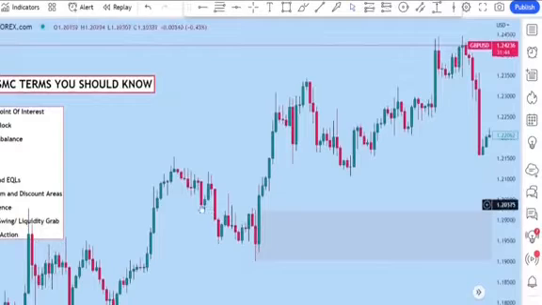I use green for a bullish candle and red for a bearish candle. It depends on what color of candle you're using. So the last sell candle here that price completely engulfs is known as your bullish order block, because it is this candle that creates the movement in the other direction.